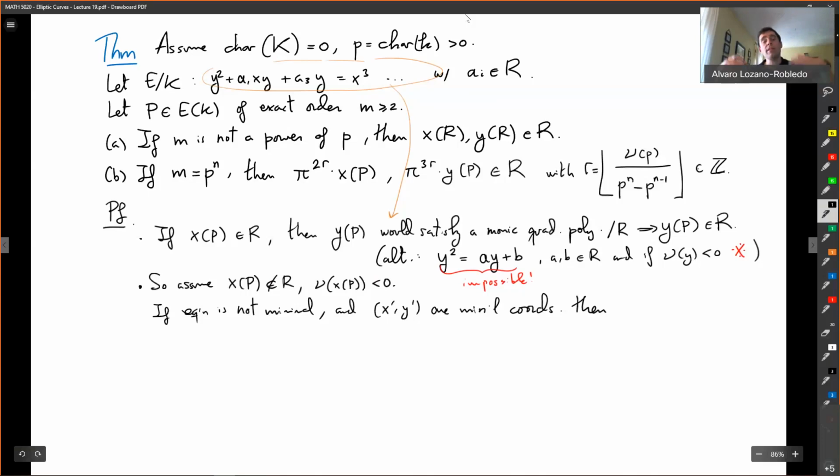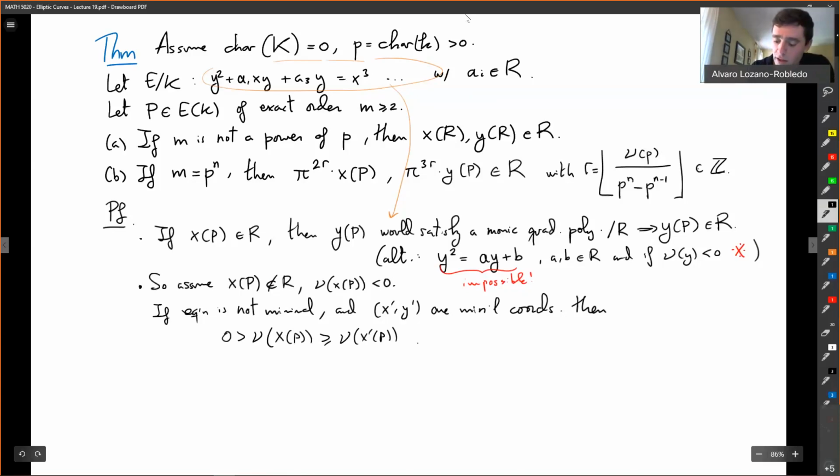then what happened is that I had a model over R, and then I divided by some u coefficient to get a smaller discriminant. And when that happens, the x and the y get divided by a multiple of the uniformizer. So the valuation of x, which was already negative, is actually even bigger, or the valuation of x prime would be even smaller than the valuation of x.